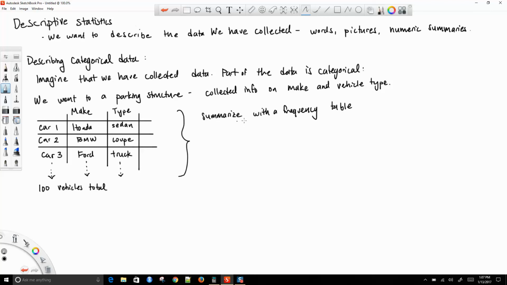So we can summarize one variable. Pretend we saw some Hondas, some Fords. I know there are more vehicle manufacturers, so my apologies if I leave your brand off.